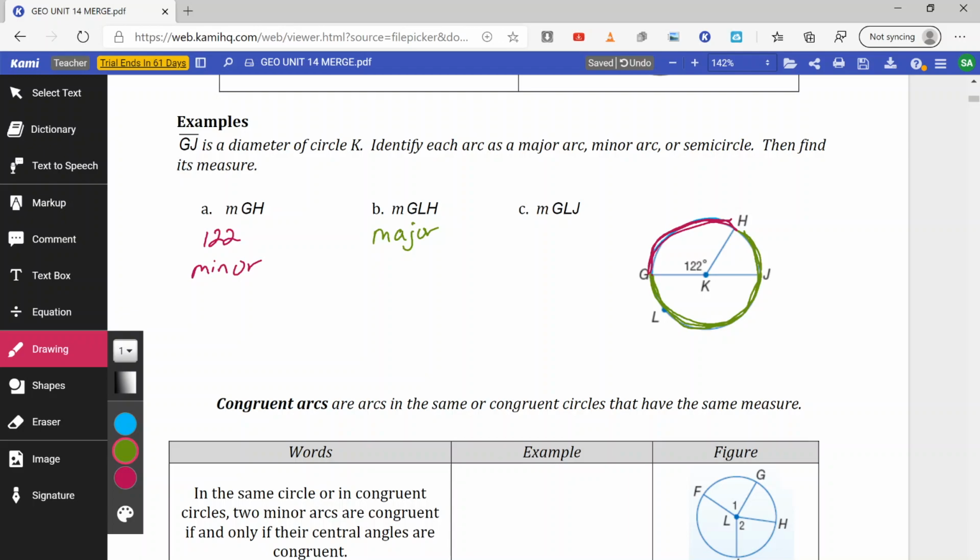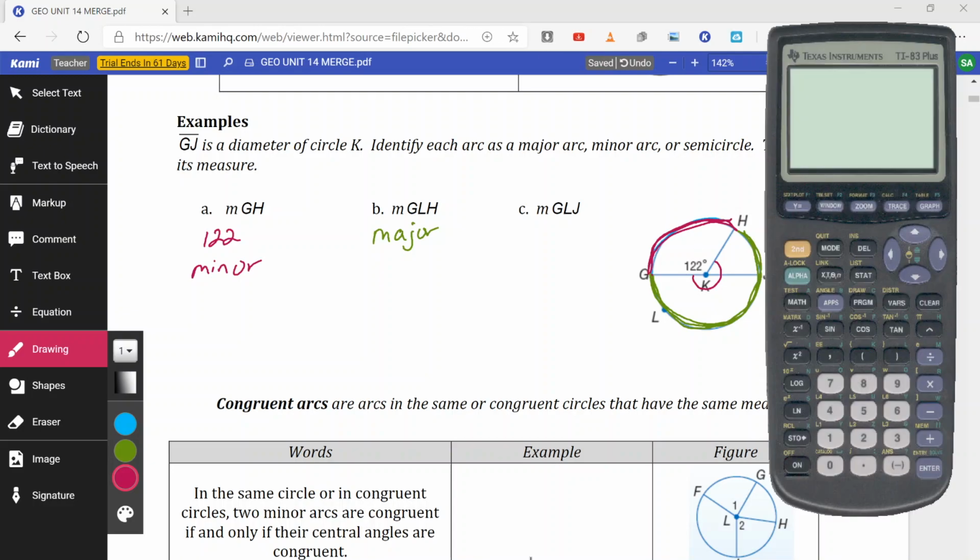Well, if GKH is 122, we know the angles within a circle add up to 360. So all I have to do is subtract 122 from 360. So 360 minus 122 means the arc on the far side is 238 degrees.